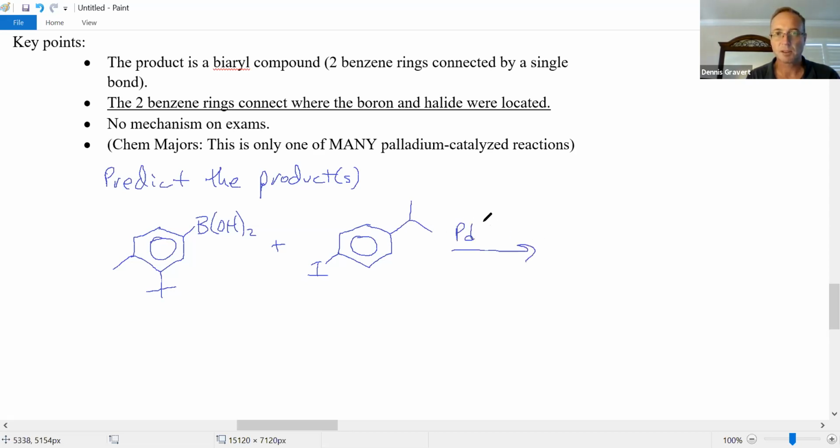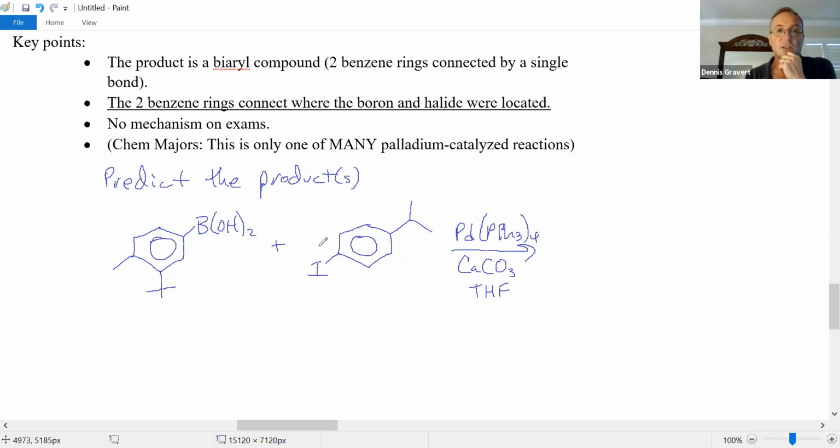And then that crazy palladium Ph3 with an outside 4 and calcium carbonate, limestone, also found in seashells. You want to put THF, you can, not required. What's the product? So I would give you all this. That would be the format of the exam question.